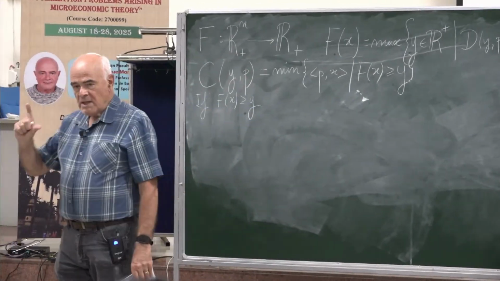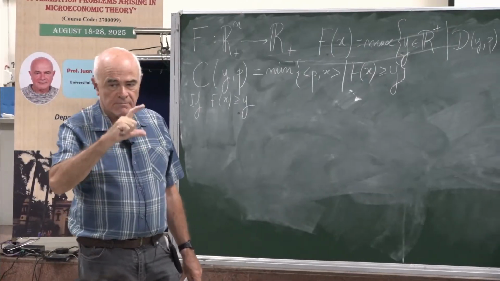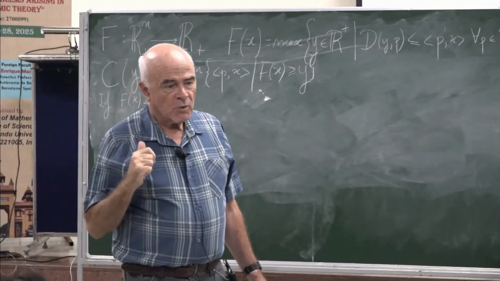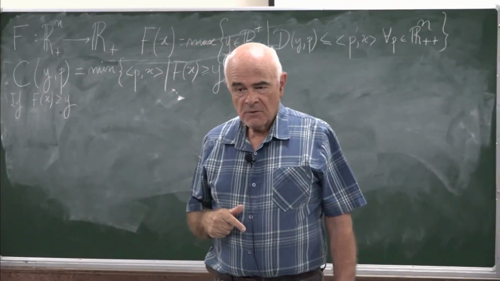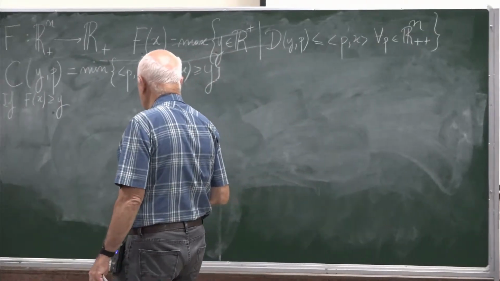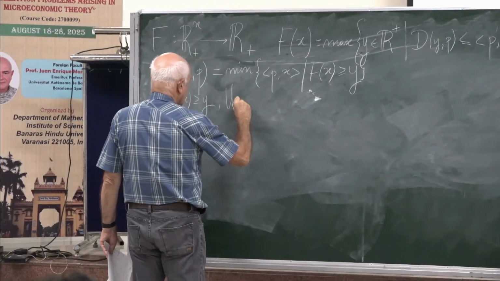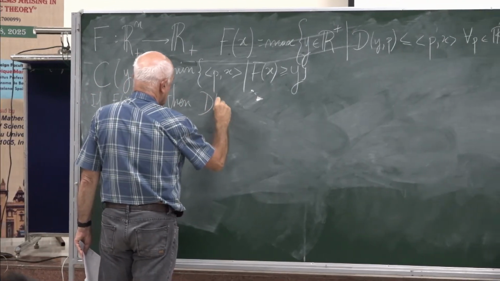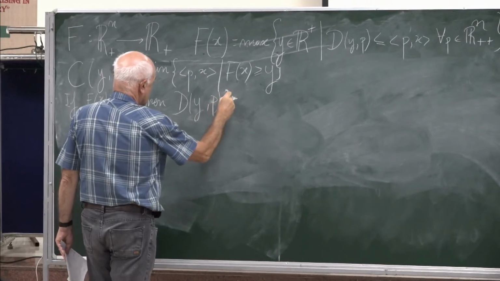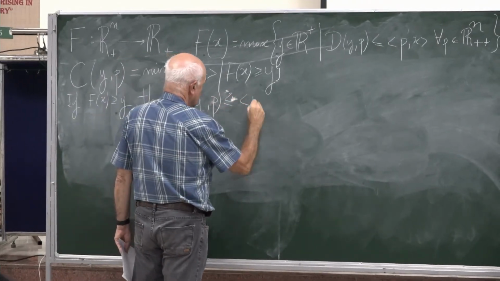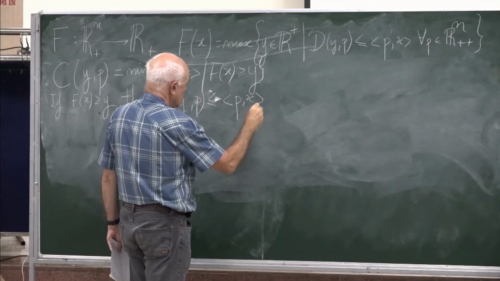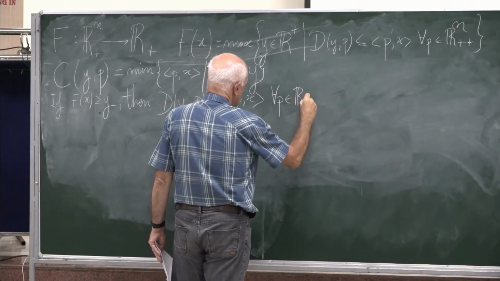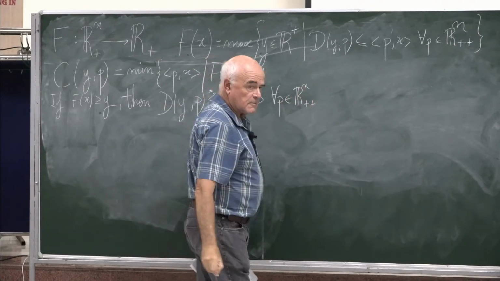Because we saw that the y satisfying that condition are an interval of the type 0 f of x, then this y satisfies this condition. Okay? So, is this clear?